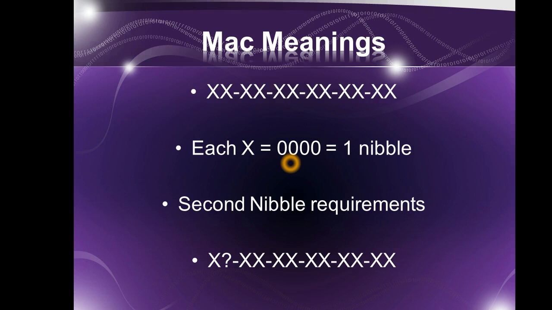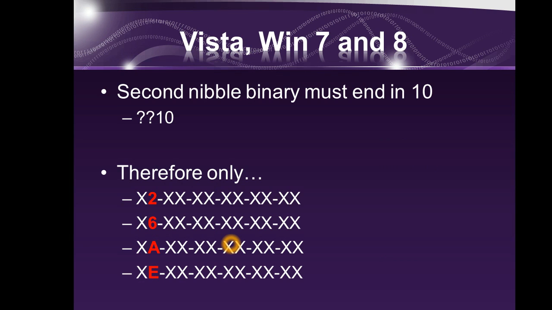Each X is also called a nibble, and a nibble is basically 4 bits, or 4 binary numbers, represented by these 4 zeros. The reason I bring this up is because there are Windows requirements for the second nibble. That is this number right here represented by the question mark. If you don't meet these requirements, your spoofed MAC will not work. And what those requirements are is that for various reasons, the second nibble's binary value has to end in 10, which limits the numbers that can translate to in hexadecimal.